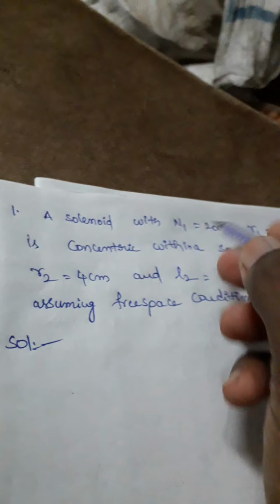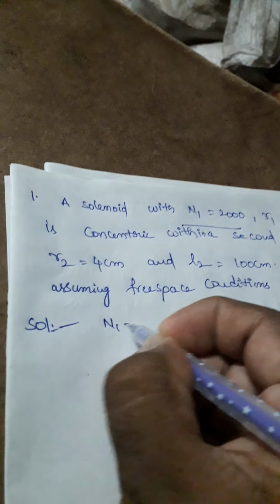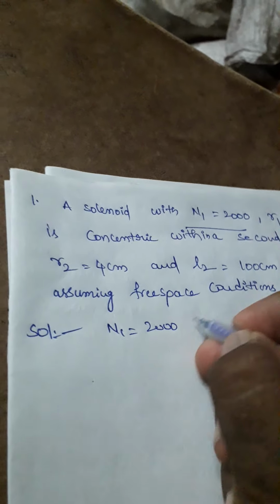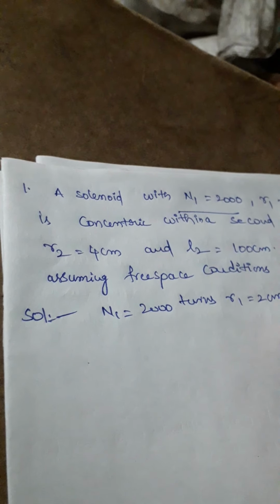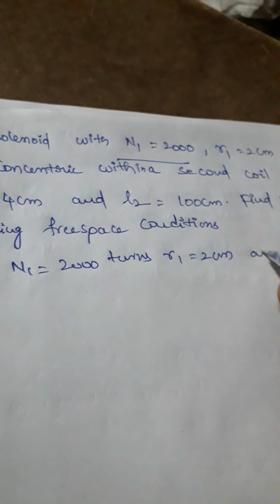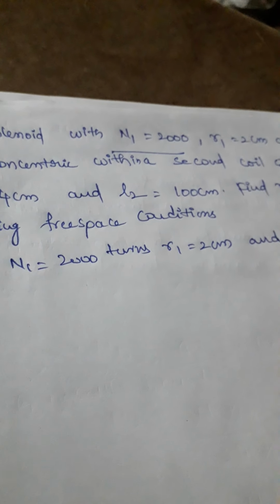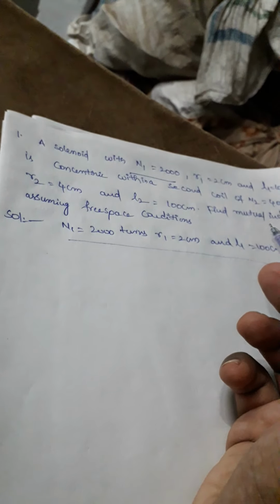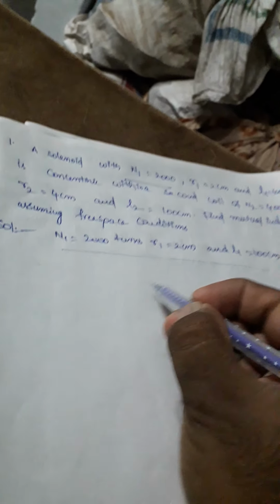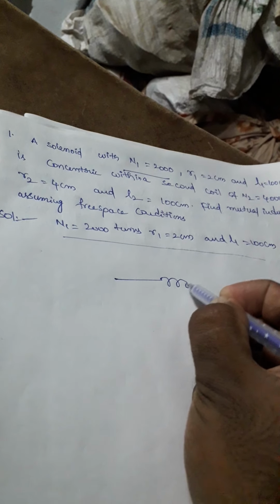For this problem, we can go for the solution. The given data is N1 equal to 2000 turns, R1 equal to 2 centimeter and L1 equal to 100 centimeter, concentric within a second coil of N2. That means these are for the first solenoid.